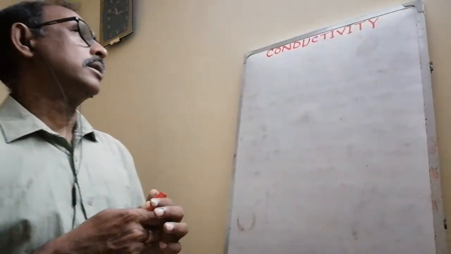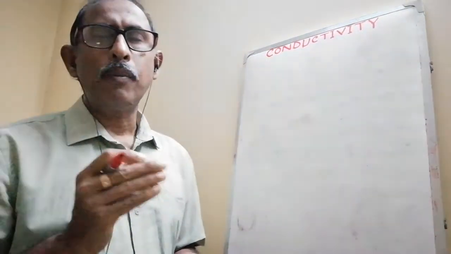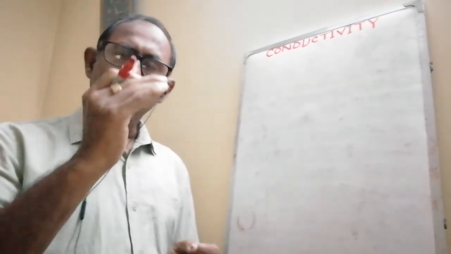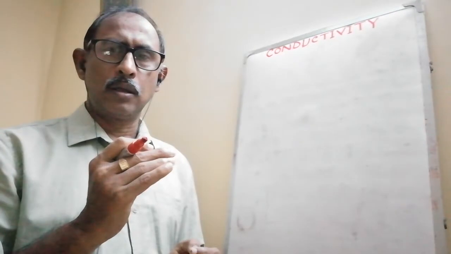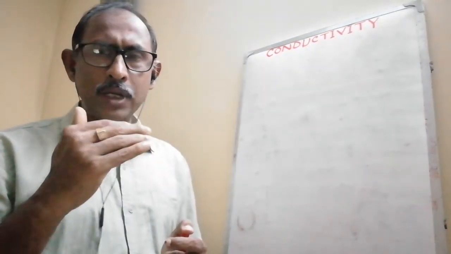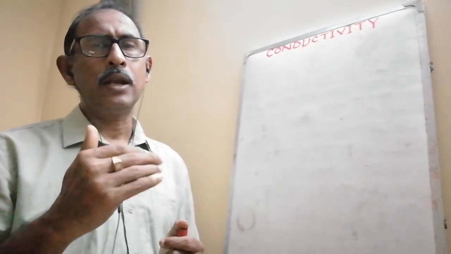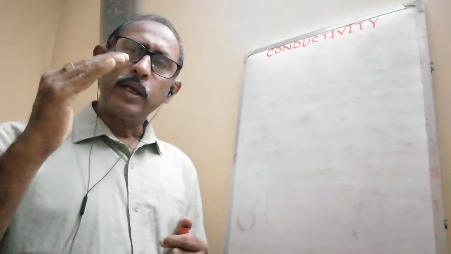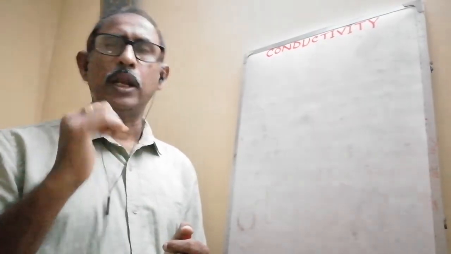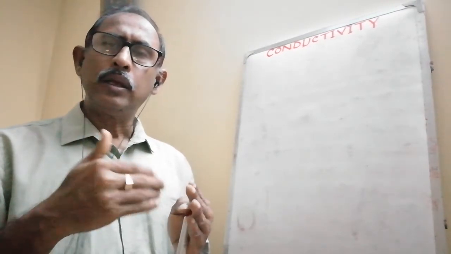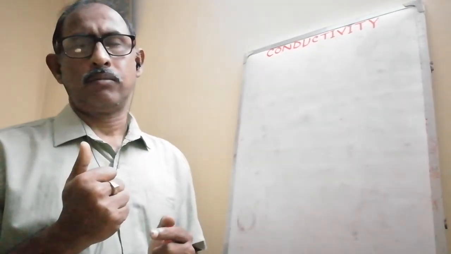Now, some metallic conductors are there. When temperature decreases, after a certain temperature, the resistance of that metallic conductor abruptly decreases.